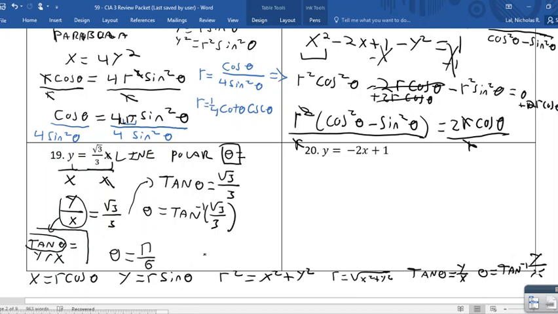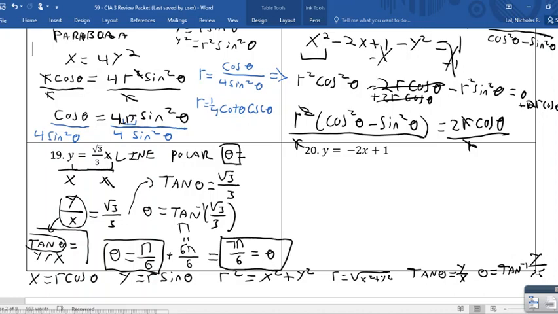All right. Another acceptable value is if you add pi to this. Remember, that's equal to pi. Theta could also be equal to 7 pi over 6. So these are your two values for theta.